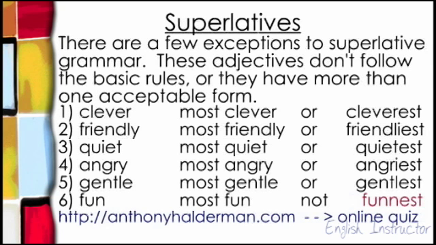Clever becomes most clever or cleverest. Friendly, most friendly, friendliest. Quiet, most quiet or quietest. Angry, most angry or angriest. Gentle, most gentle or gentlest. Notice fun, however, cannot use est. We say the most fun, never the funnest.